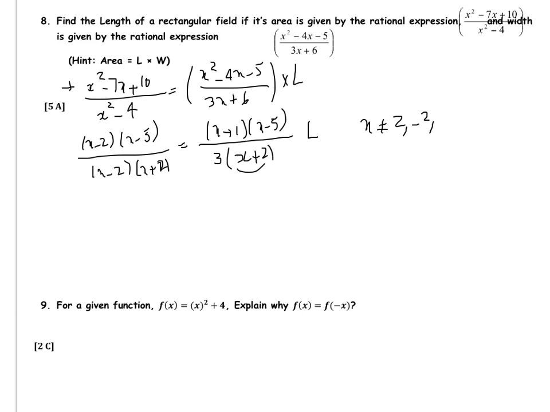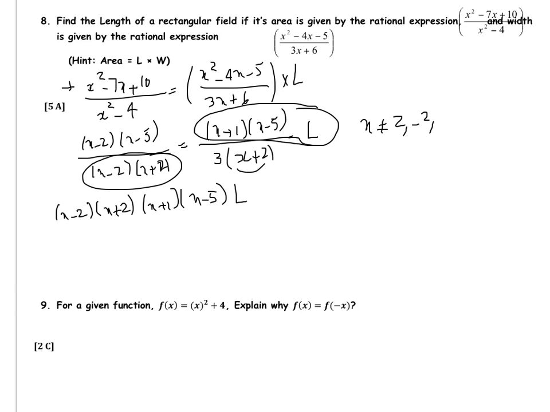Now I'm going to cross multiply here. I'm going to say (x minus 2)(x plus 2)(x plus 1)(x minus 5) times L. This numerator times this denominator is equal to this times this, which is 3 times (x plus 2)(x minus 2)(x minus 5).